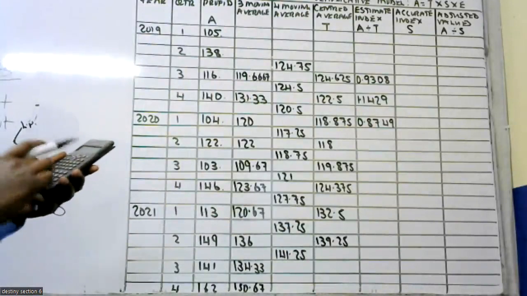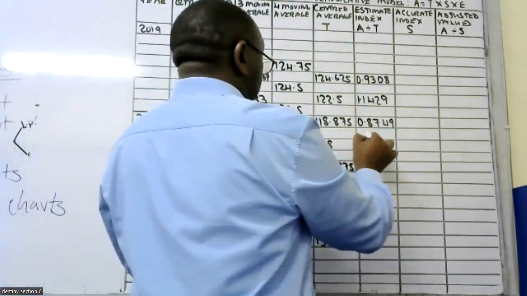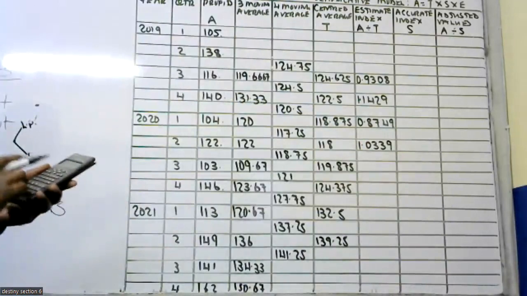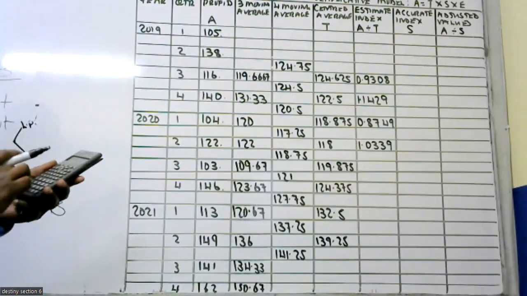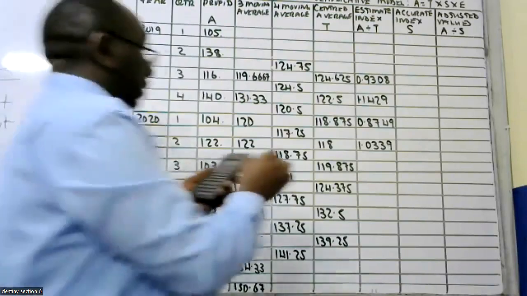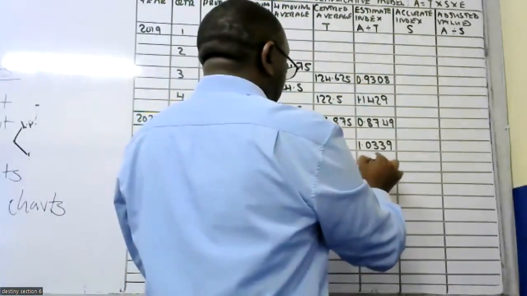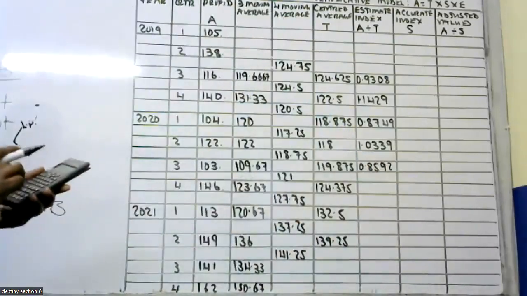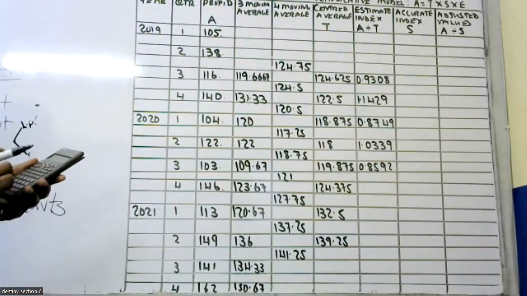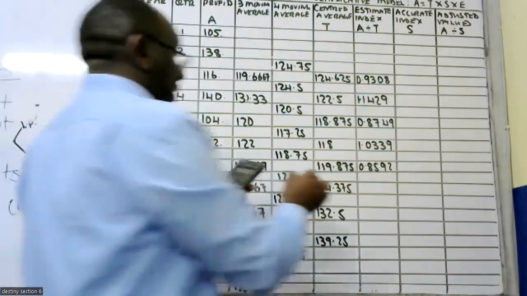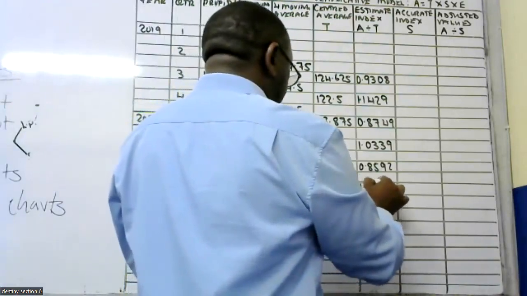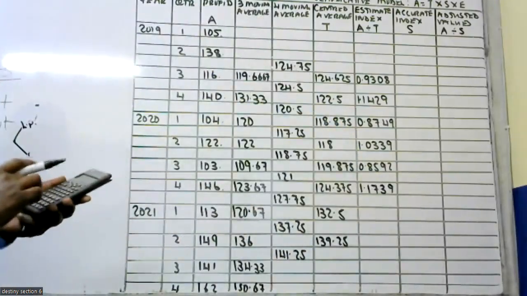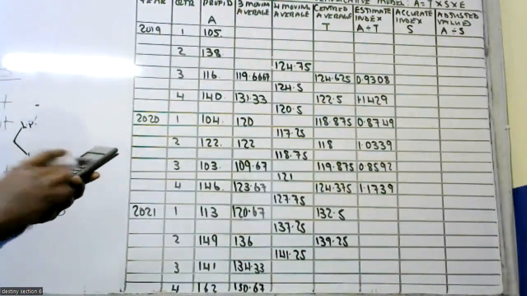122 divided by 118 is 1.0339. 103 divided by 119.875 is 0.8592. 146 divided by 124.375 is 1.1739. 113 divided by 132.5.